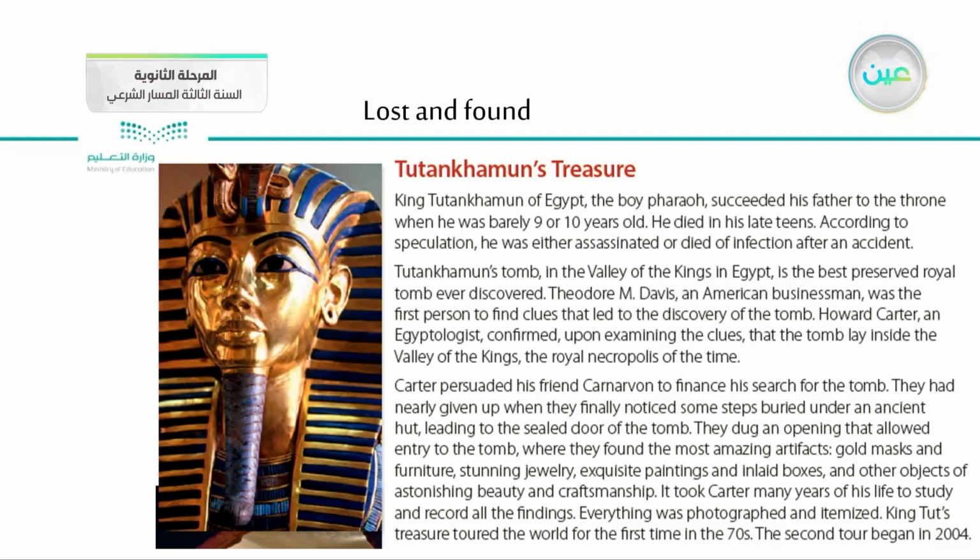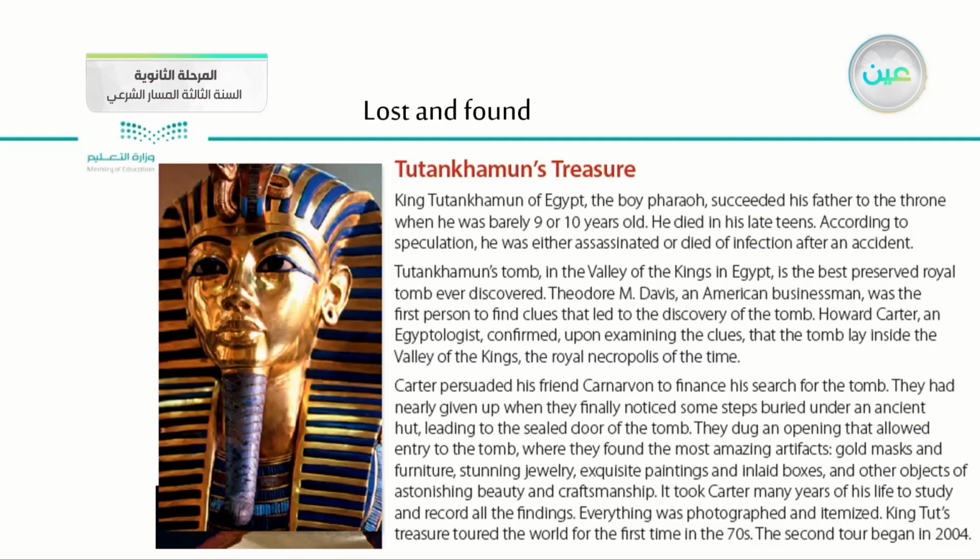Theodore M. Davis, an American businessman, was the first person to find clues that led to the discovery of the tomb. Howard Carter, an Egyptologist, confirmed upon examining the clues that the tomb lay inside the Valley of the Kings, the royal necropolis of the time. Carter persuaded his friend Carnarvon to finance his search for the tomb.